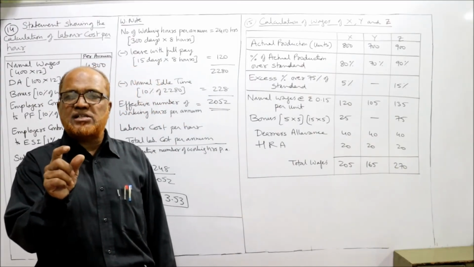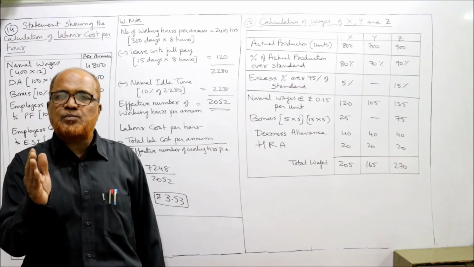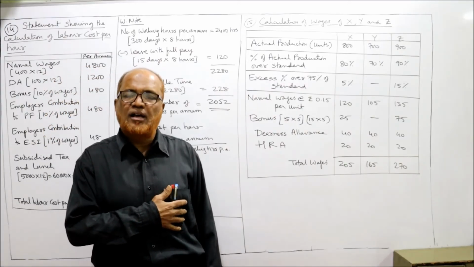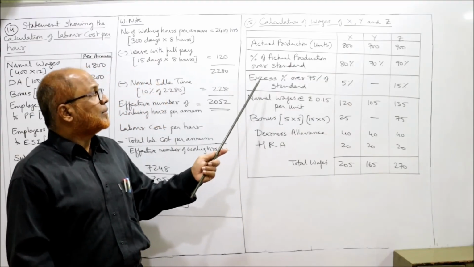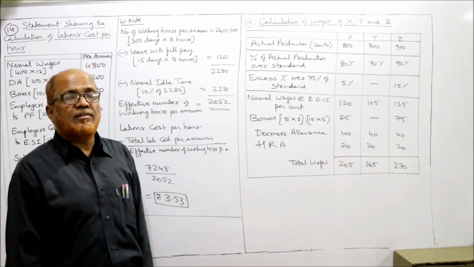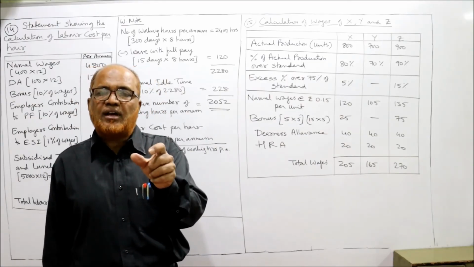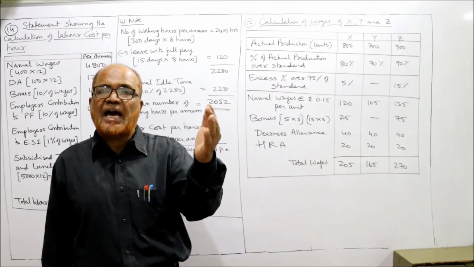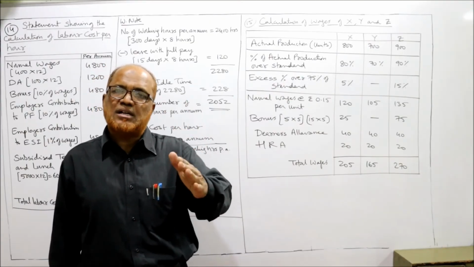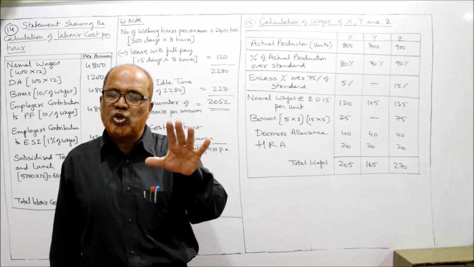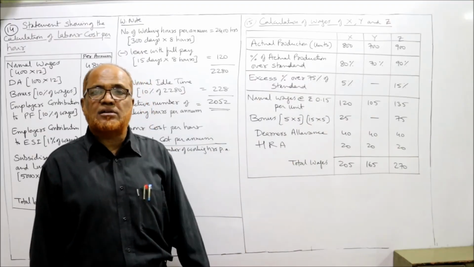So on a percentage basis, X has produced 80%, Y has produced 70% of standard, and Z has produced 90% of standard, right? Now, excess percentage over 75% of standard. So bonus will be paid only when the worker has produced more than 75% of standard. If they produce more than 75%, they will get a bonus. Now here X worker has produced 80%.